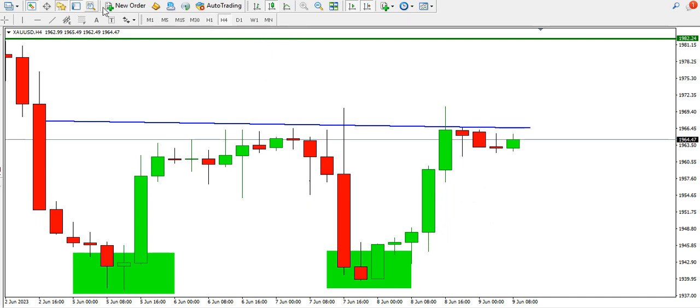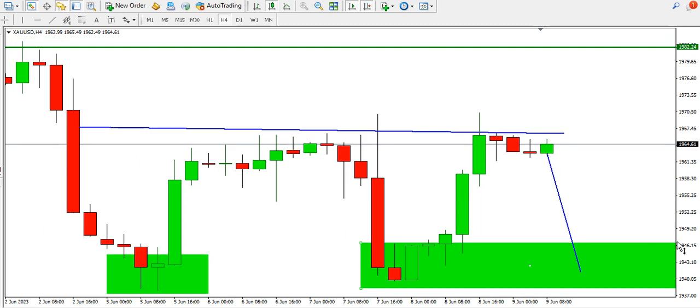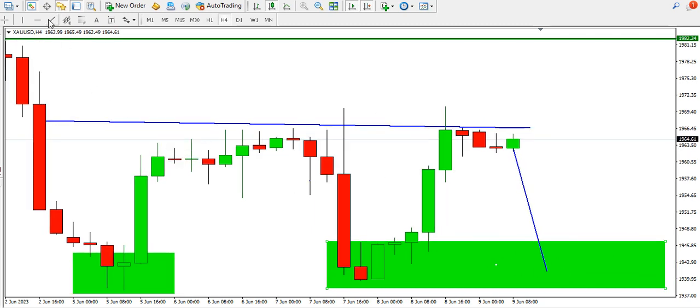But if price is going to drop, price might drop back to this particular order block on the 4-hour time frame. A drop back to this order block, price might find some level of demand before going back up. So that's what we have on the 4-hour time frame.